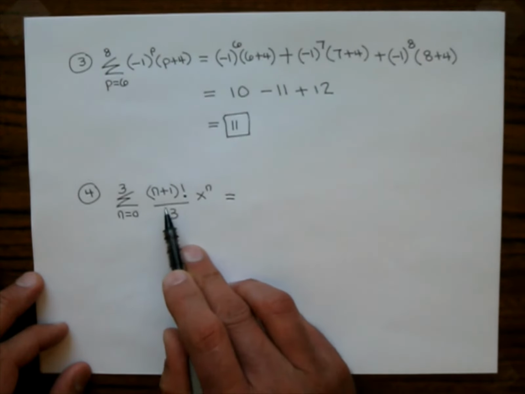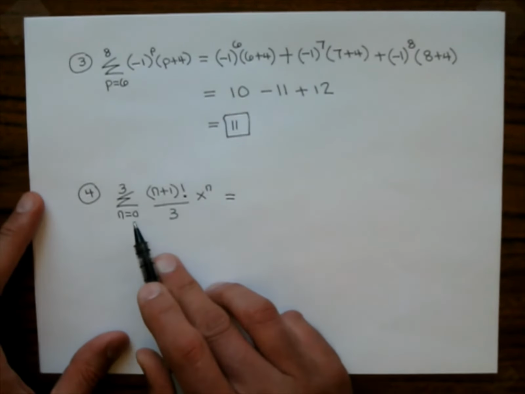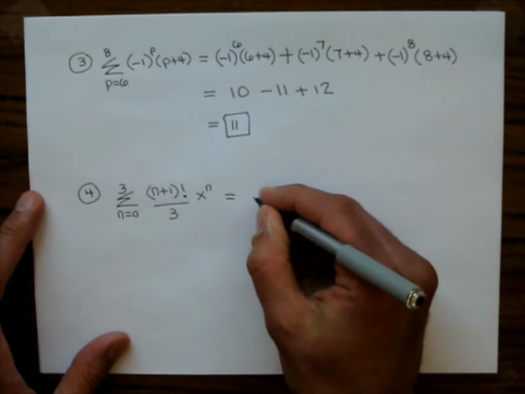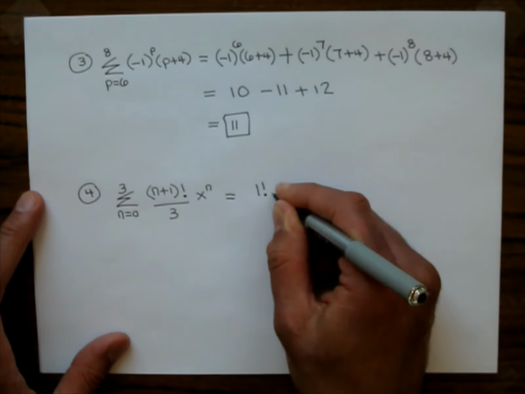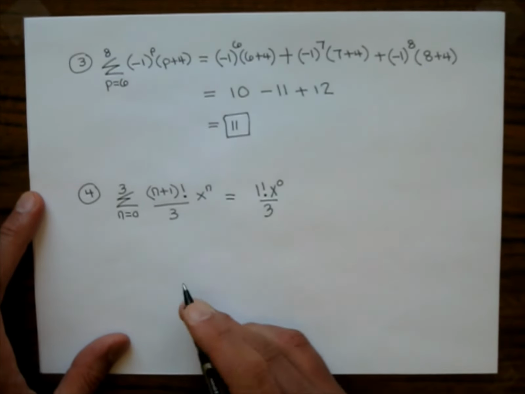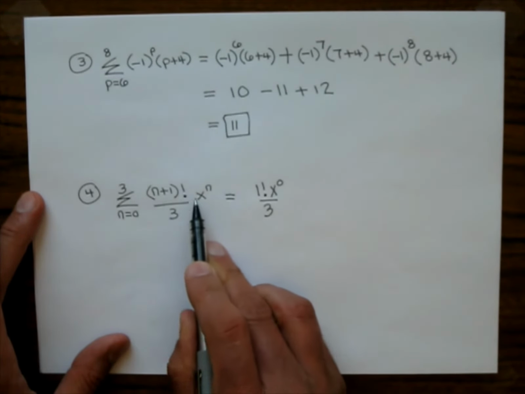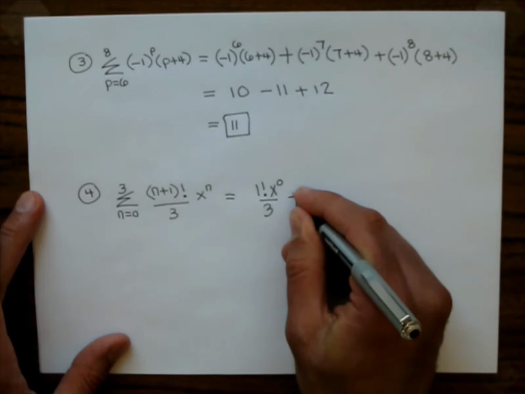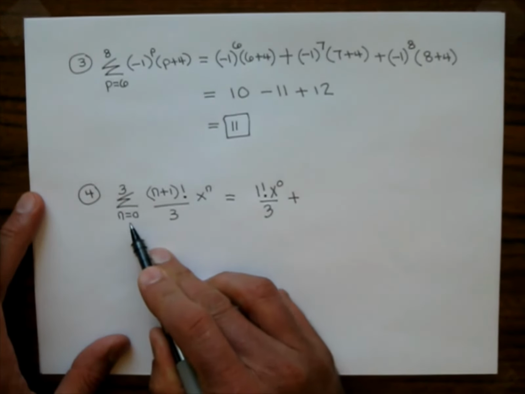So we've seen this kind of deal with sequences. So what do we have? We have 0 plus 1, so that is 1 factorial, x to the 0 over 3. So that's what happens when I put 0 in for n. Plus, okay, now I'm putting n equals 1 in.